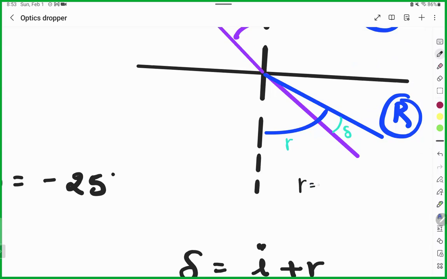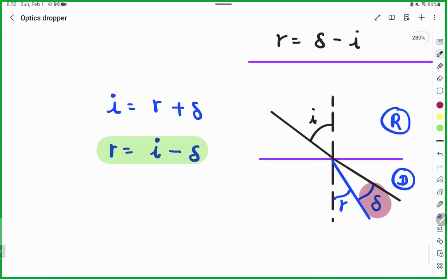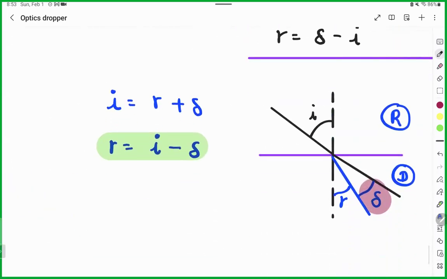Yes, that's what I meant. So here you'll be adding it from denser to rarer, because it's moving away. R equal to I plus delta, correct? And if it is moving toward the normal, then R plus delta will be equal to I.